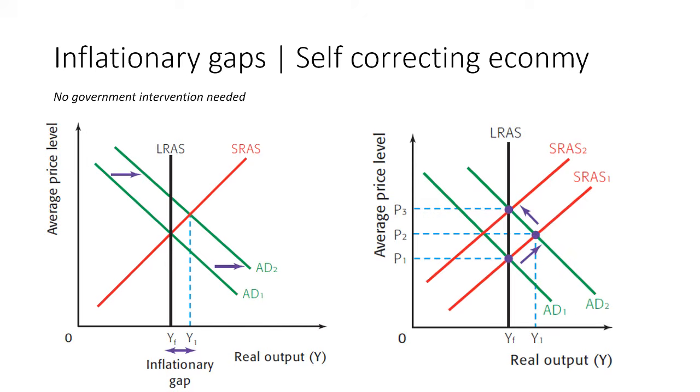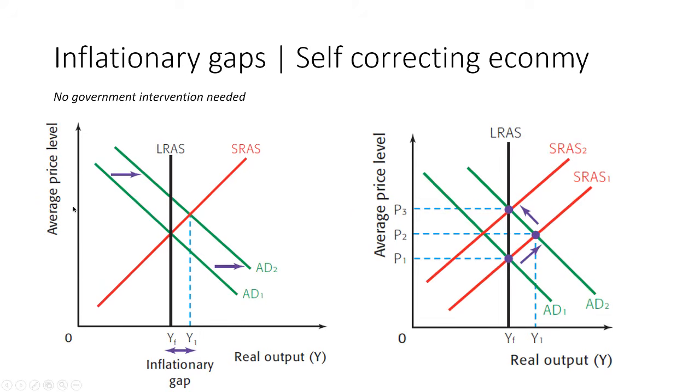For example, here you have an inflationary gap, as you are at a level of output larger than the full employment output. This might be, for example, if the interest rates decrease and then firms start investing a lot, and this causes inflation in the economy.